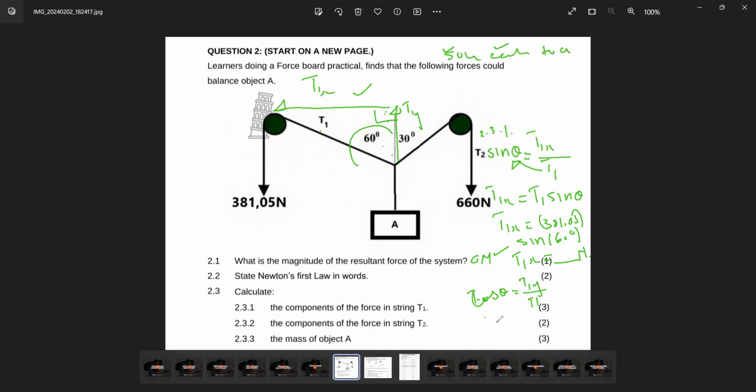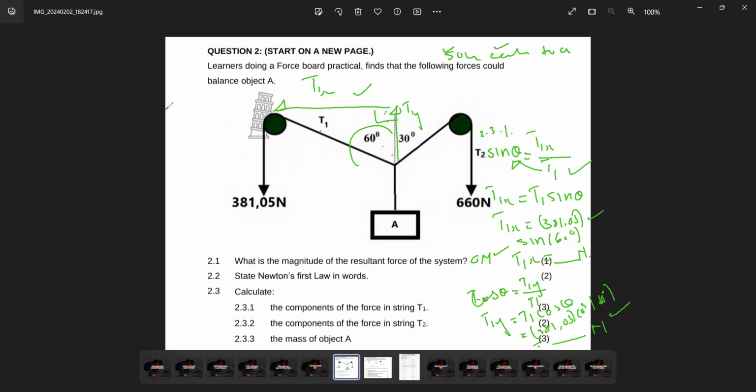Then T1y is equal to T1 cos theta, which is 381.05 cos 60 degrees. Then you get your vertical component, and you get all of your 3 marks, 1, 2, and 3.